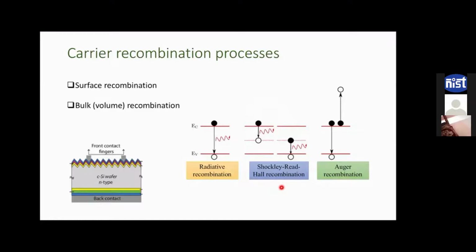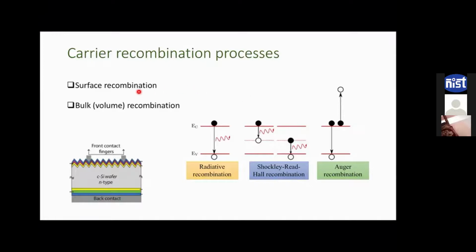Now, please remember that we are talking about bulk recombination, that means recombination that happens inside the crystalline silicon wafer. So if you choose a very good quality wafer with a very low level of impurity and defect states, it is possible to reduce this trap-assisted recombination.